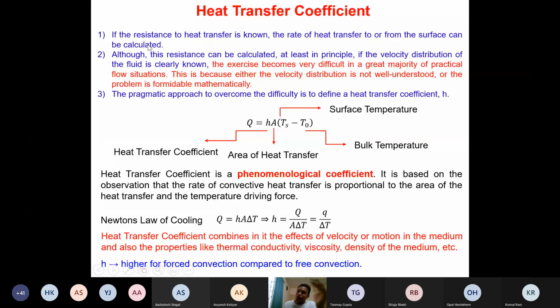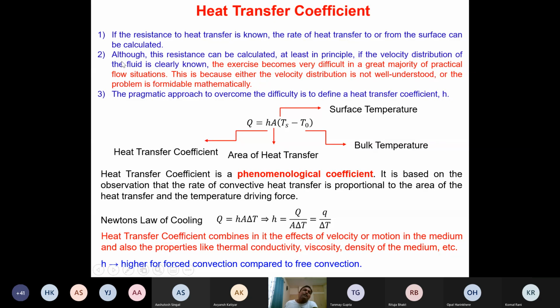Again, see, so far we have said that the resistance is offered by a very thin layer which is very close to the surface, isn't it? But can we find out this resistance exactly? Okay. So can we calculate this resistance? If we can calculate this resistance, we can easily find out the rate of heat transfer from the surface to the fluid. Okay.